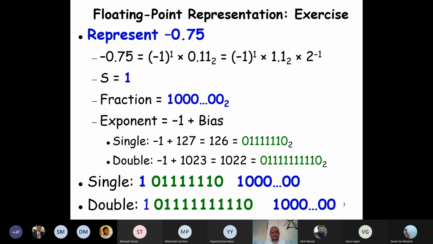So this is the representation, but in the binary representation we need to have the bias in the exponent. We add 127 in single precision. So the sign bit is 1, the fraction is 1.000, and the exponent is -1 plus bias. Bias is 127, and that gives 126, and 126 we represent like this.